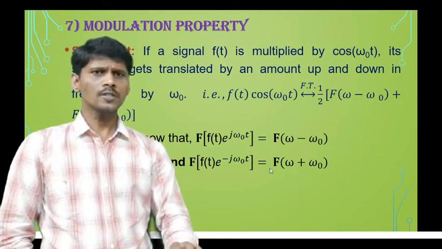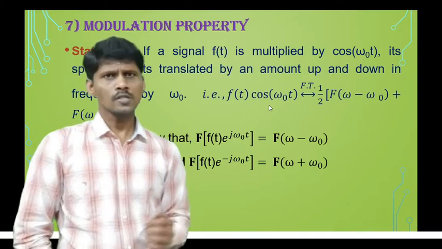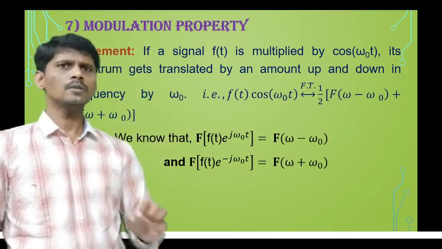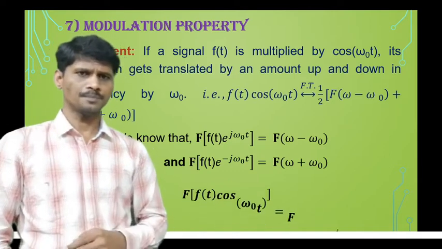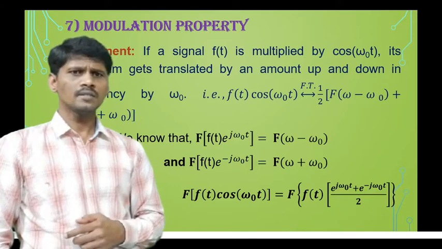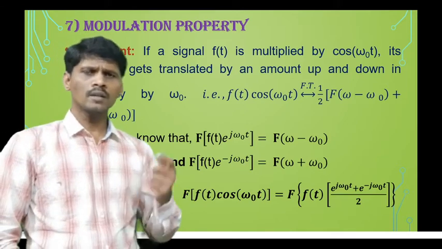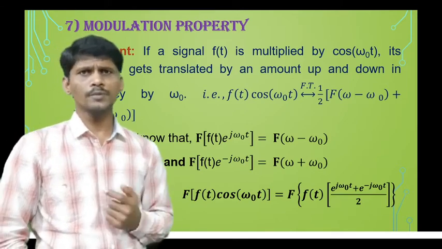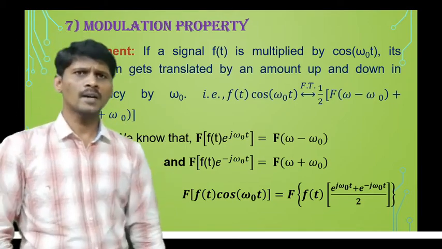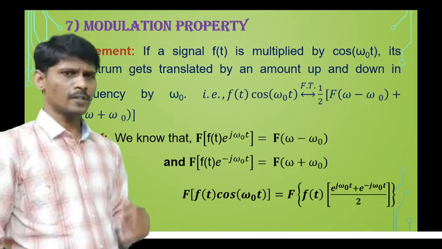So what is the LHS term? f of t into cos of omega naught t. Cos omega naught t is represented in terms of exponentials as e power j omega naught t plus e power minus j omega naught t, divided by 2.